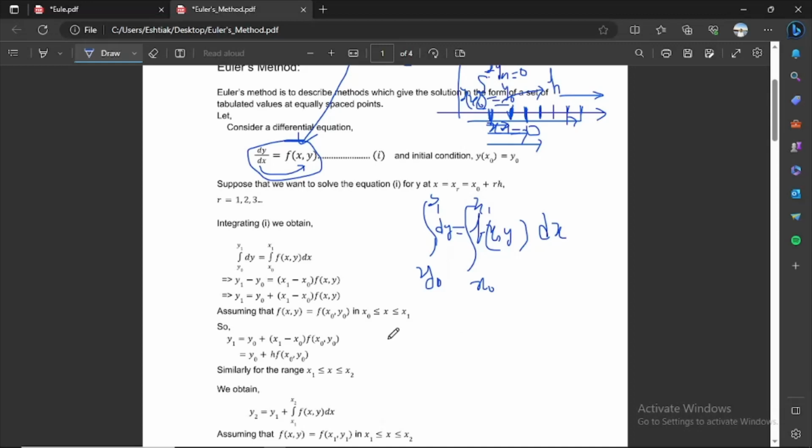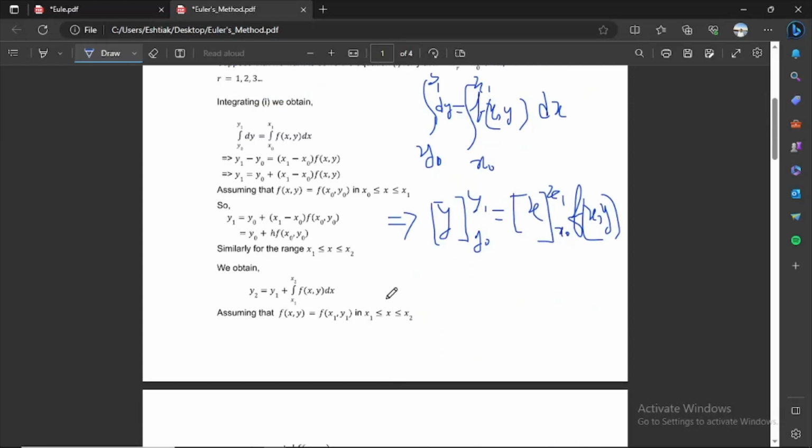This form will give us the integral of y from y0 to y1 equals the integral from x0 to x1 of our function of xy, which will stay as it is.